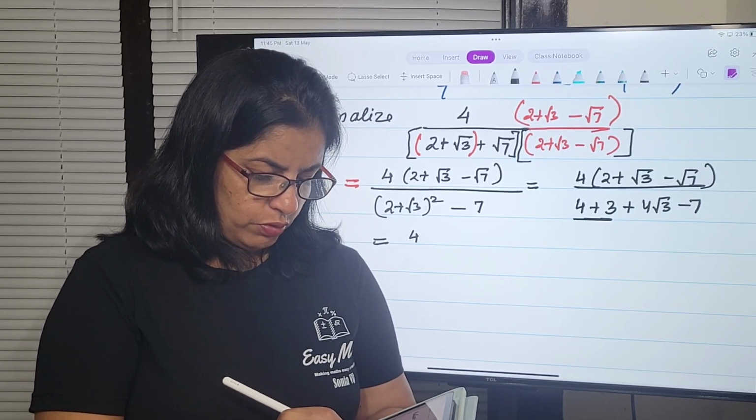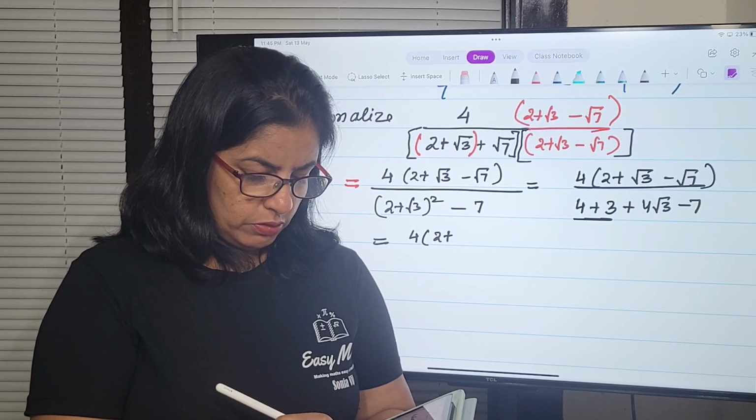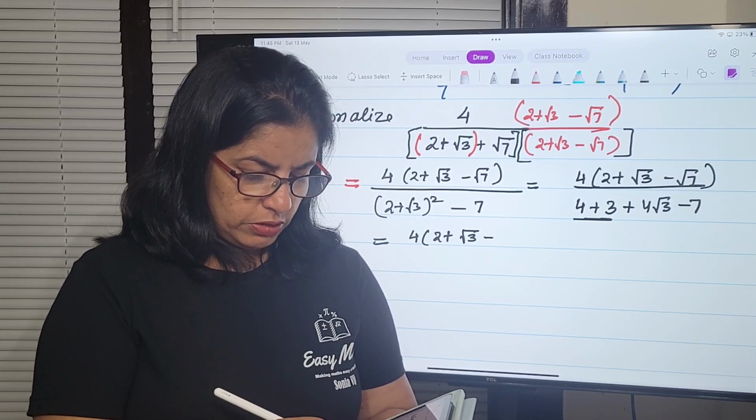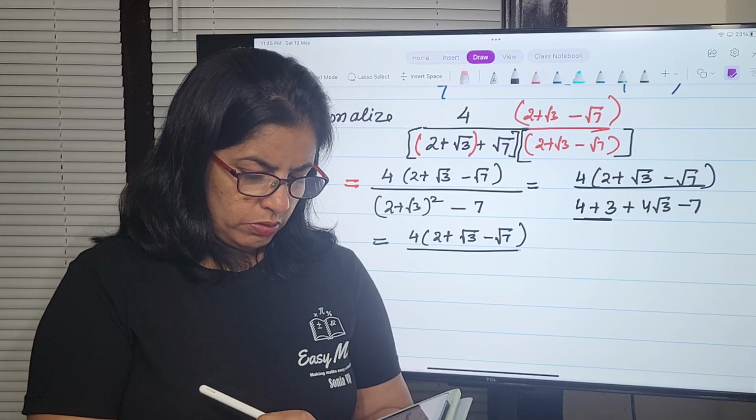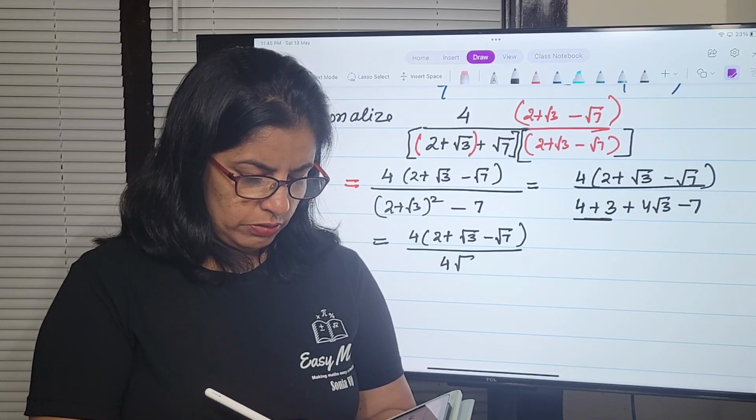So you ultimately get 4, 2 plus root 3 minus root 7 upon 4 root 3.